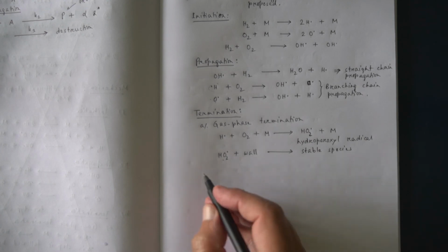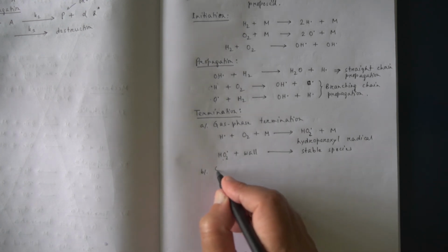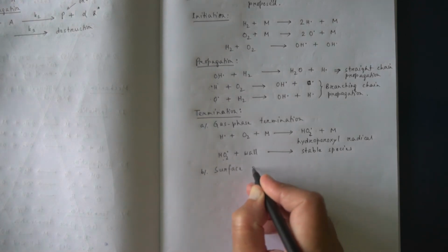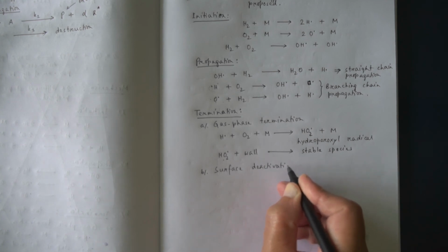So as I have said, termination of chain reaction takes place in two ways. So this is one way. Second way is surface deactivation.